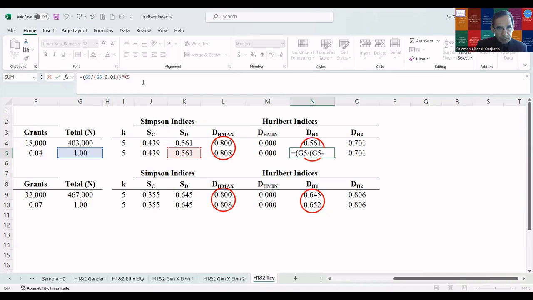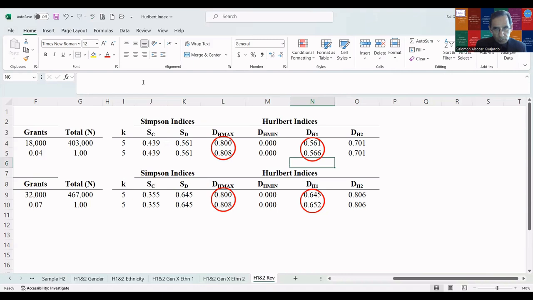So when I divide 1 by 1 minus 0.01 times 0.561, that gives me a Hurlbert diversity score for revenue of 0.566, which is slightly larger than the Hurlbert diversity score if I use frequencies.